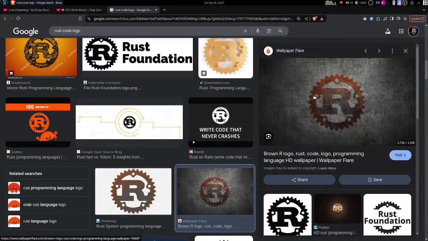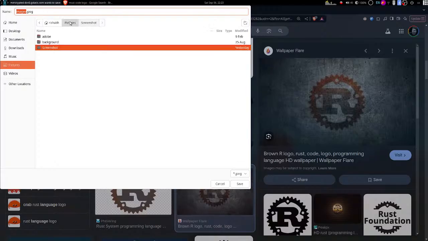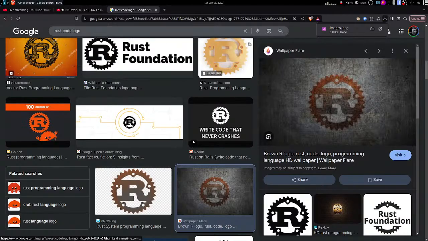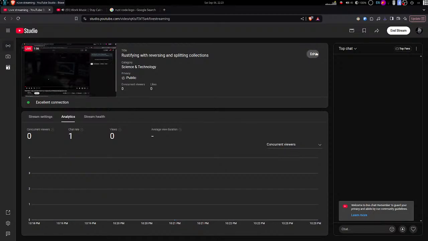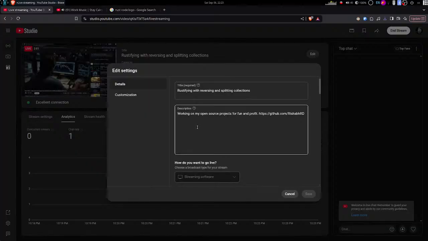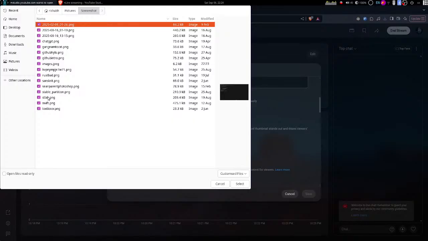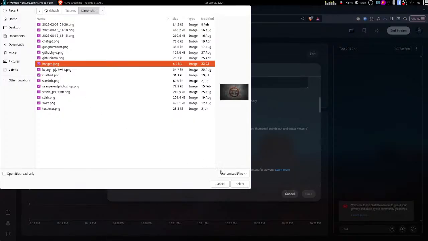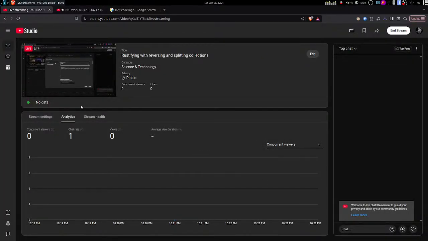It looks nice for a logo. Let me save it in a screenshot or something. Let me change the logo also, images.jpg something. Right, and now we are good.